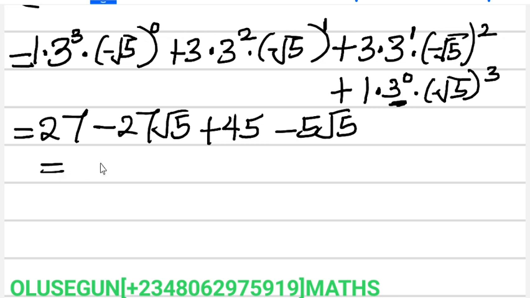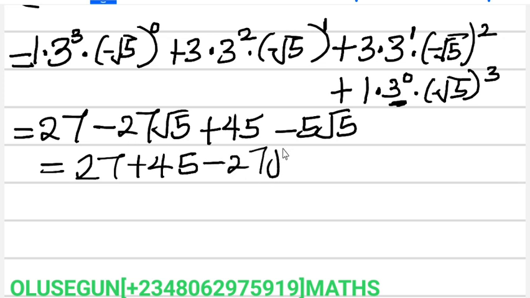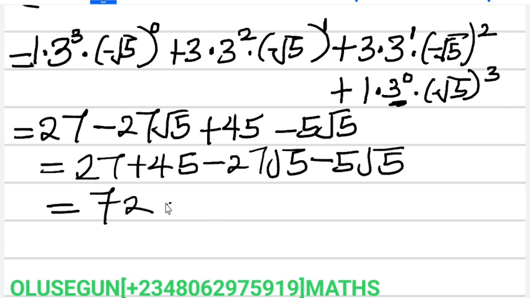So let's add it together, 27 plus 45, and minus 27 root 5 minus 5 root 5, which will give us 72 minus 32 root 5.